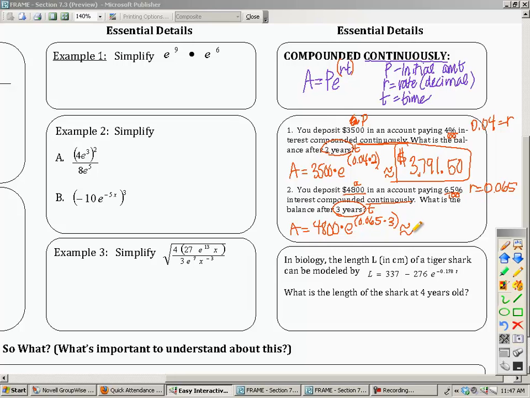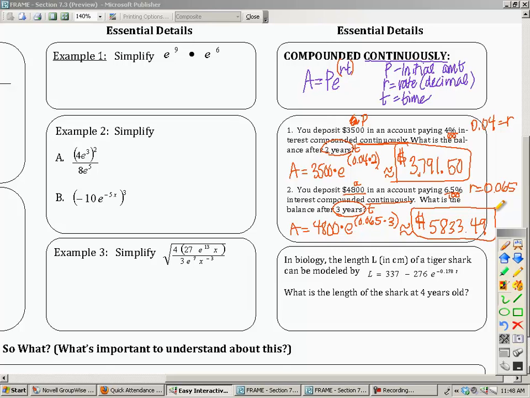We are going to approximate this because we're going to round a decimal. You should end up getting about $5,833.49. Now, if we're not sure about rounding, please make sure in class that you're asking how to round, because I will take points for every rounding error you have.